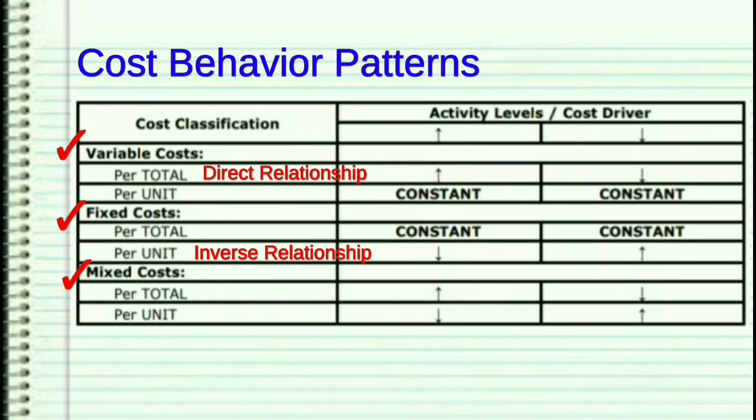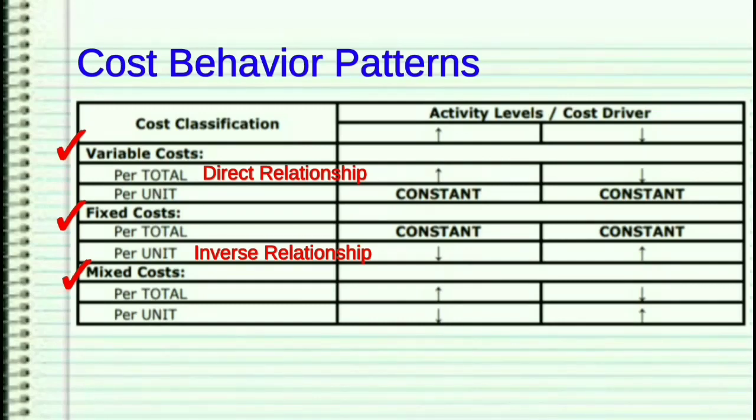How about the mixed costs? Sabi ko kanina, ang mixed cost, ito yung cost na merong variable component at fixed component. In other words, combination siya ng fixed cost at variable costs. The mixed cost per total, anong mangyayari kapag tataas ang activity level or cost driver?